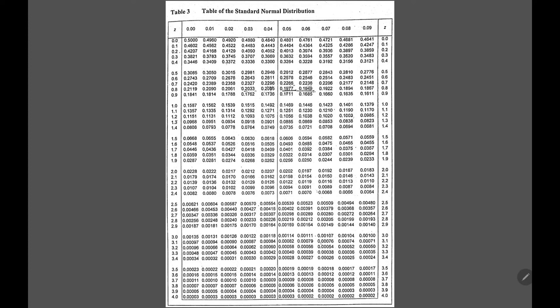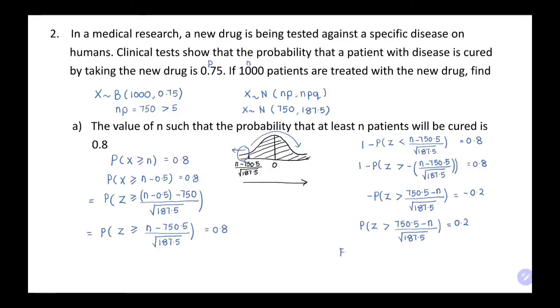0.2 we have 0.2005 and 0.1977. So we take 0.2005. So 0.2005 is 0.84. So we write from table 750.5 minus N divided by square root of 187.5.